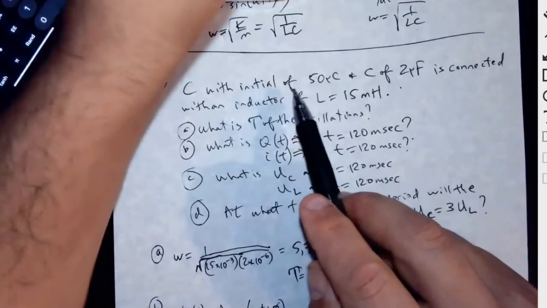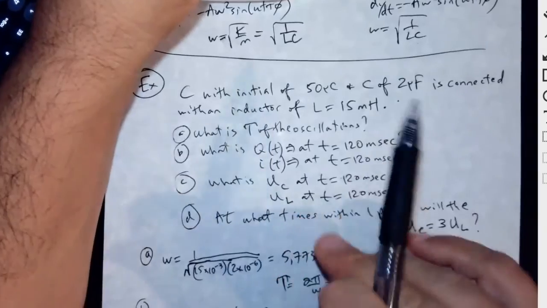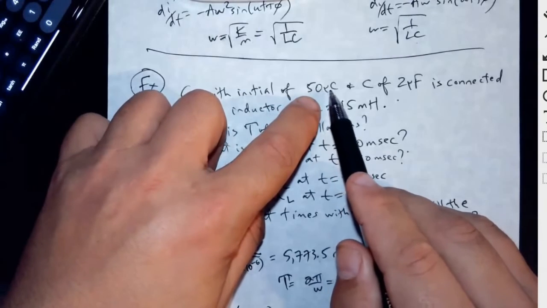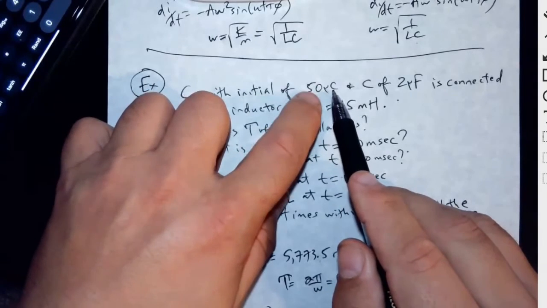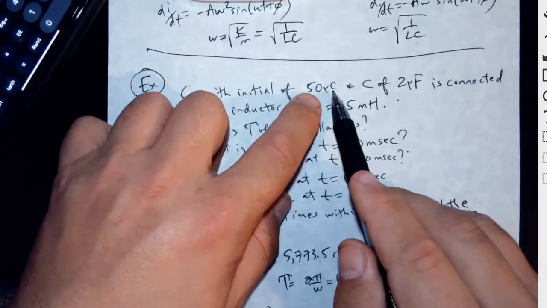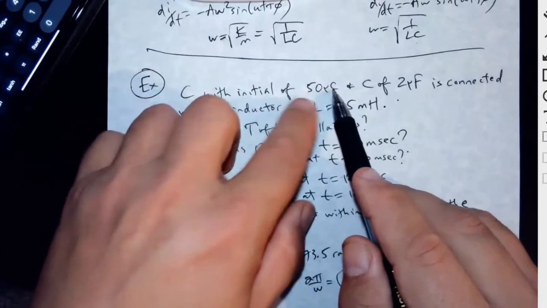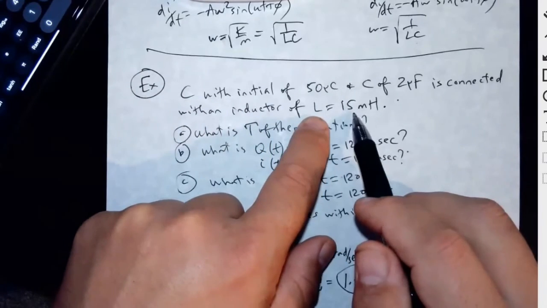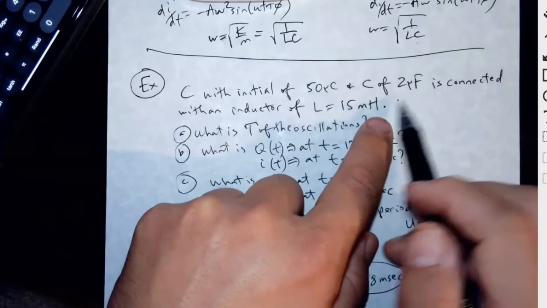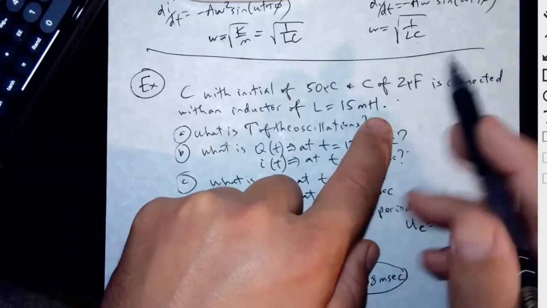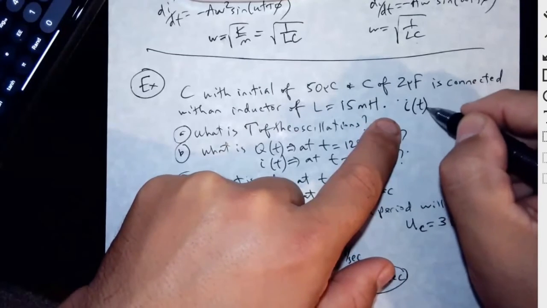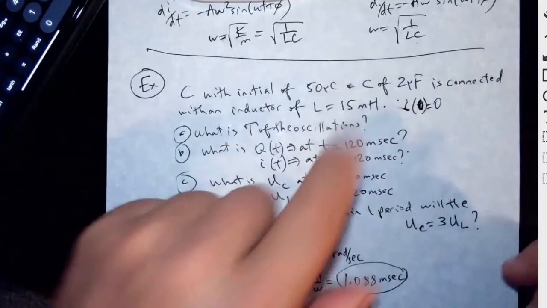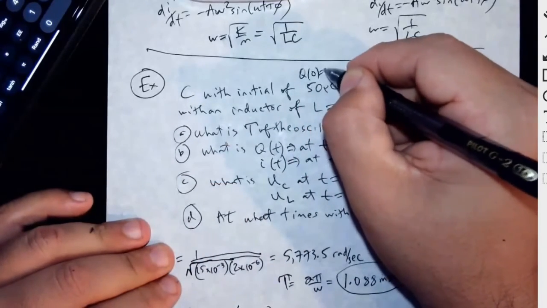The initial condition is that the charge is 50 microcoulombs and the initial current is 0, right? Because otherwise it would have also said that the inductor has some current in there. So the inductor has 15 millihenries, but there's no current in the inductor. So I of 0 is just 0, but Q of 0 is 50.